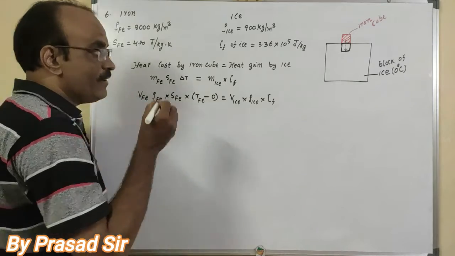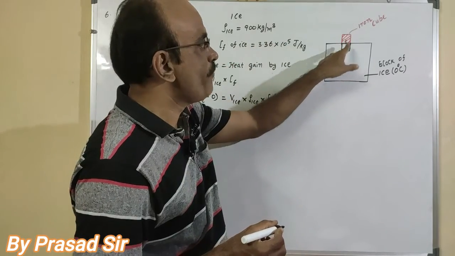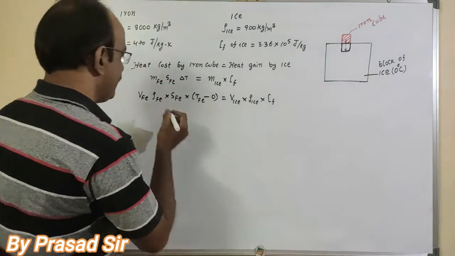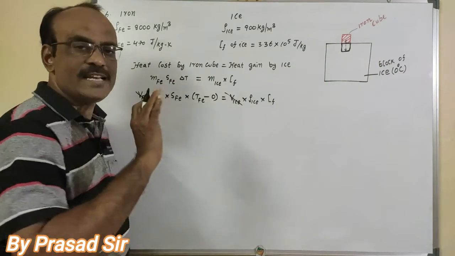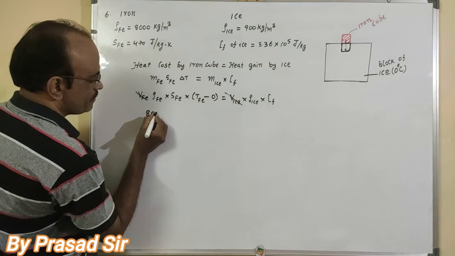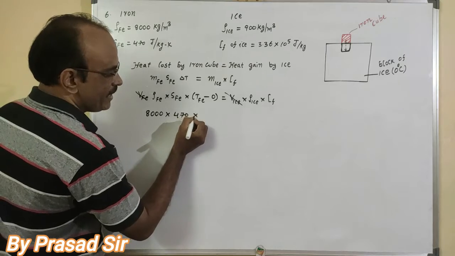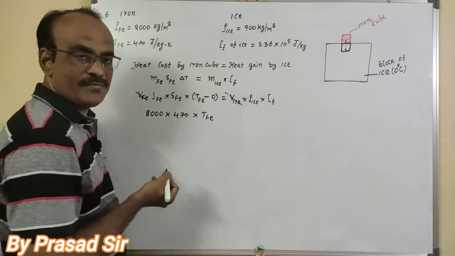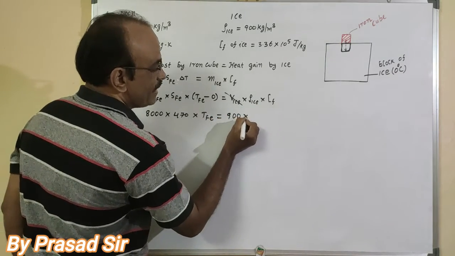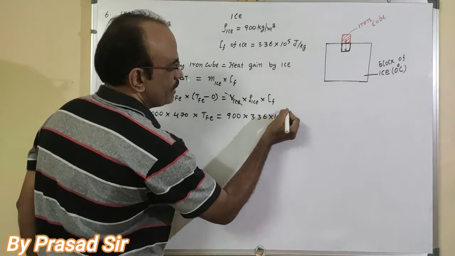Whenever the iron cube goes inside the ice, the volume of the iron cube and the melted ice volume are equal. So the volume of iron and volume of ice get cancelled. So density of iron, how much here? 8000, into specific heat of iron, that is 470, into initial temperature of the iron T, is equal to density of ice, 900, into latent heat of fusion, that is 3.36 into 10 to the power of 5.